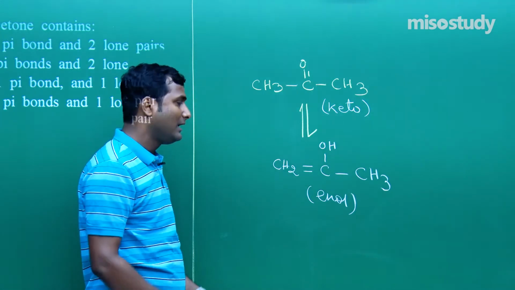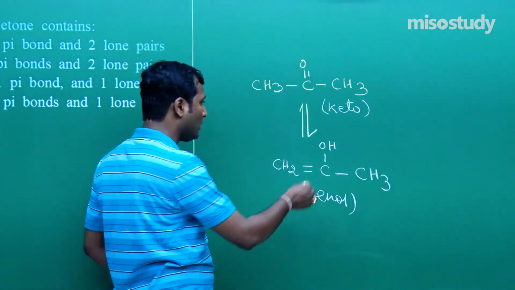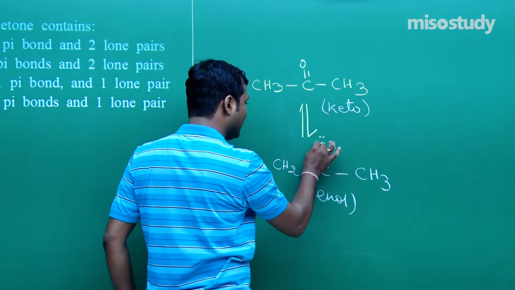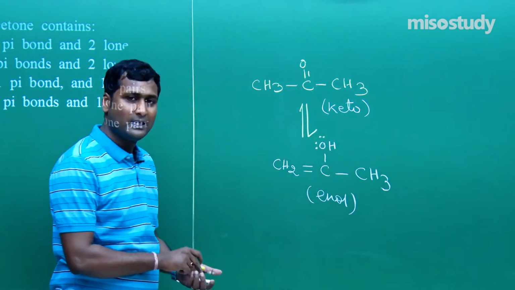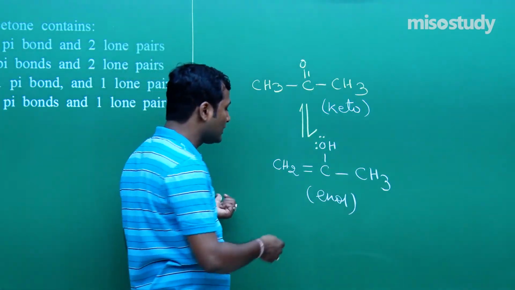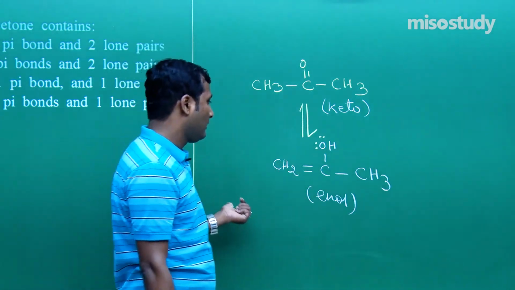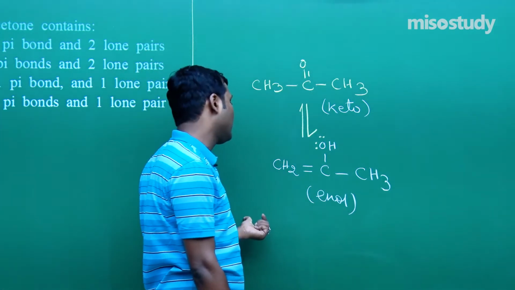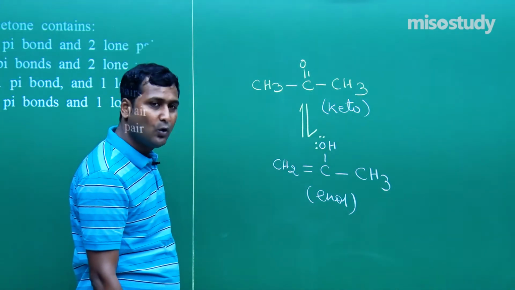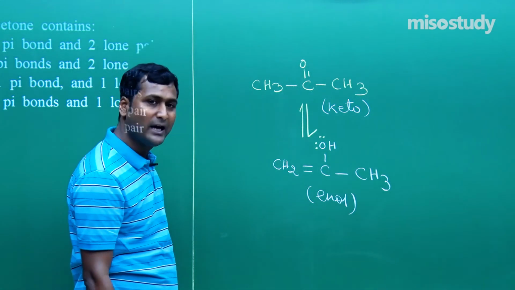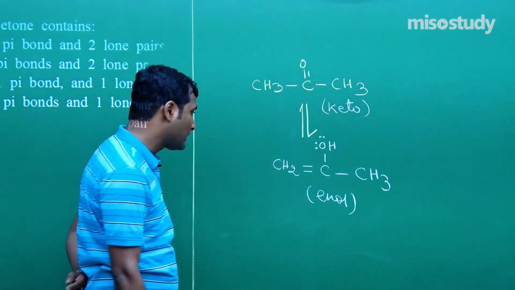This one is keto form, and this one is enol form. Now find out the number of lone pairs of electrons. Clear? Now what is the question? The number of sigma, pi and lone pairs. How many sigma bonds, how many pi bonds, how many lone pairs of electrons in keto and in enol form. Now check it out.